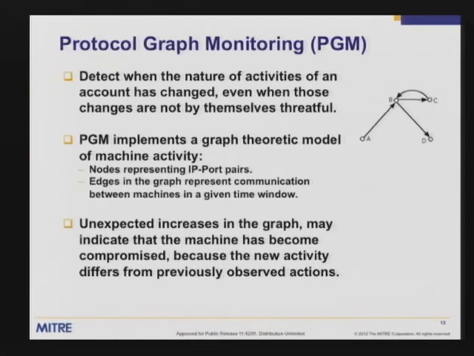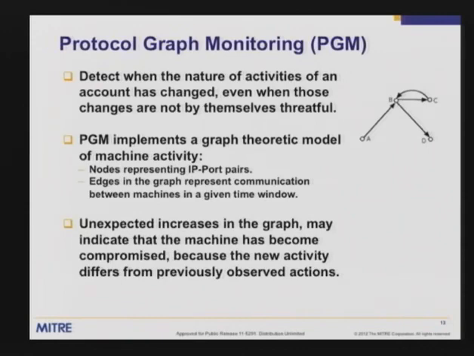The basic idea is, instead of looking across a cohort in a given time slice, can we take an individual's behavior and look at the history of that behavior over time slices and build up a model, so that when that behavior itself changes, we say, okay, that user has fundamentally changed what they were doing. That was the real key insight or driver of protocol graph monitoring.